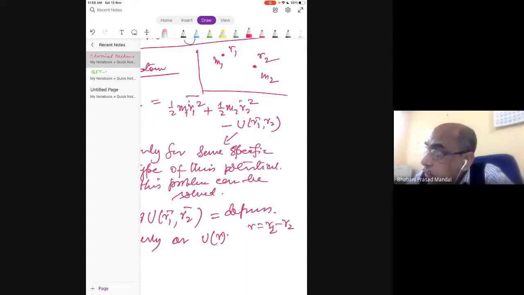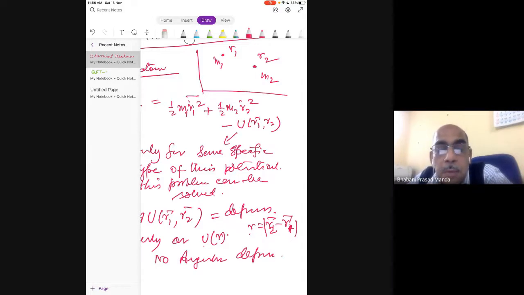The magnitude of this vector is r. So when the potential depends only on the separation of these two particles and has no angular dependence, we call this a central force problem.